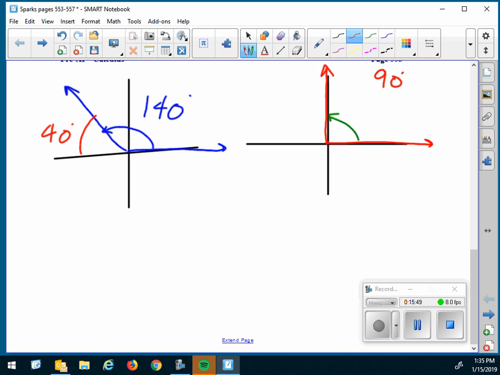An angle whose terminal side is on an axis is called a quadrantal angle. Big word. Quadrantal angles do not have reference angles. So the other quadrantal angles, 180 degrees, 270 degrees, 360 degrees, are quadrantal because their terminal side is on an axis. Would it be Pythagorean? No, there's not one. Doesn't exist.